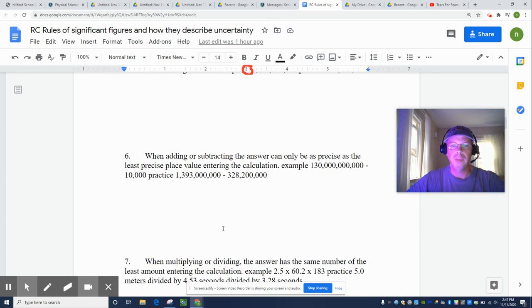When adding or subtracting. Okay, so hang on. If you take Jeff Bezos's net worth and subtract $10,000, well, it's based on the least precise place value. This is uncertain in the 10 billions place value, and we are subtracting something that is uncertain in the 10,000s place value.